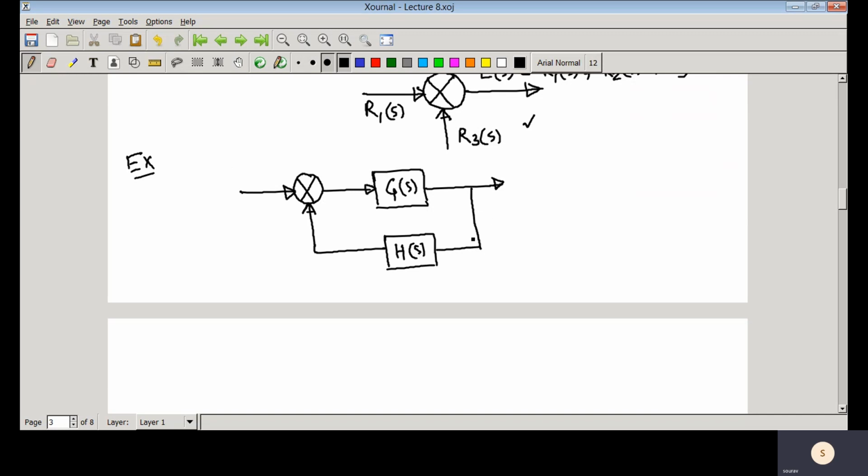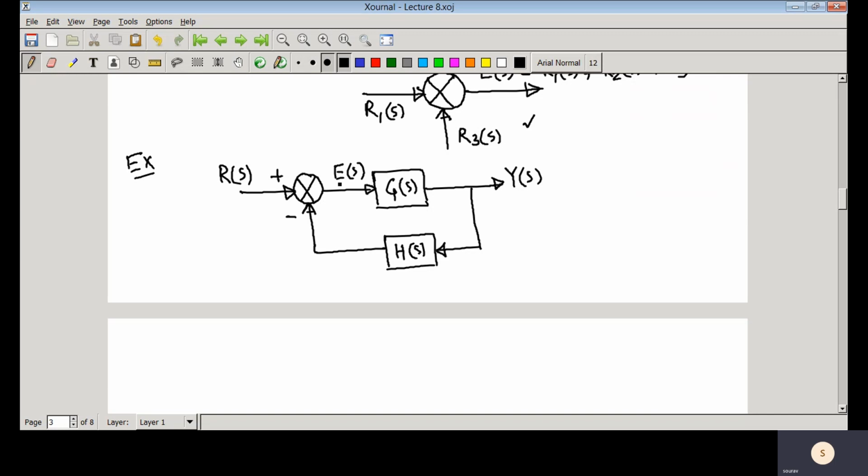You may consider that this H(s) is the sensor transfer function, or you can put any other filters or blocks in the feedback loop whose transfer function is H(s). If we take the negative feedback loop, this is the output Y(s), the reference signal that you have given is R(s), and this one is the error signal E(s).